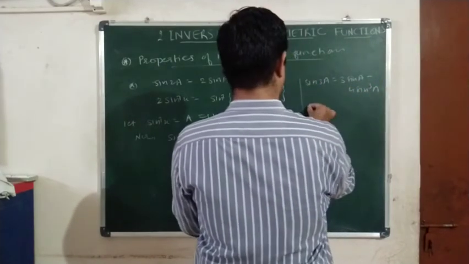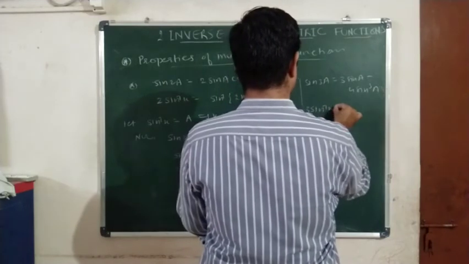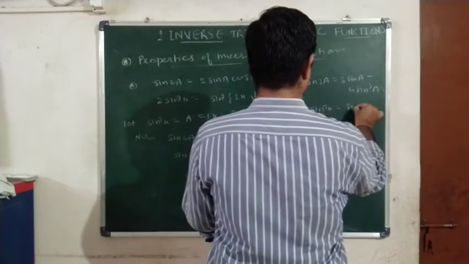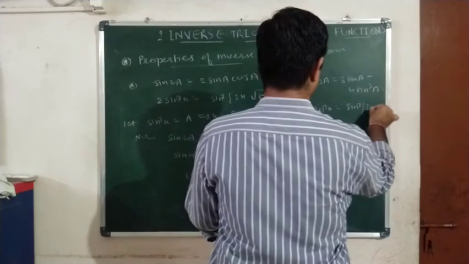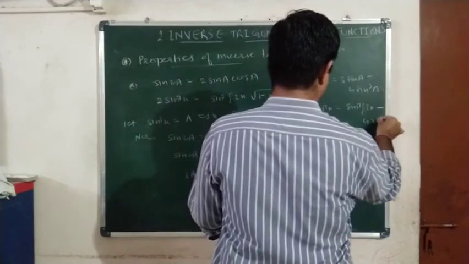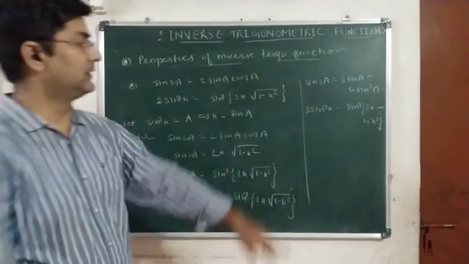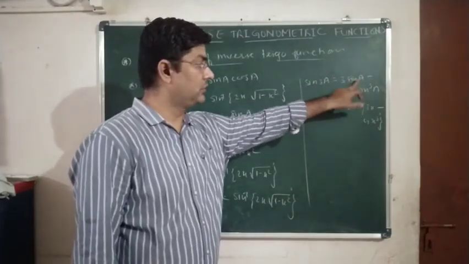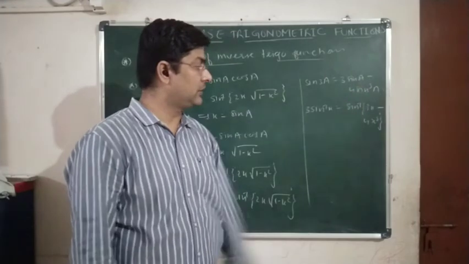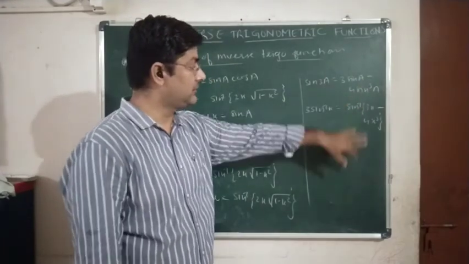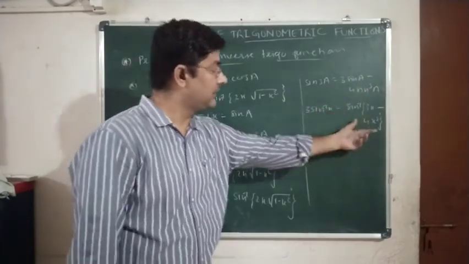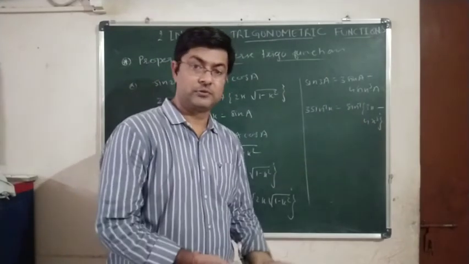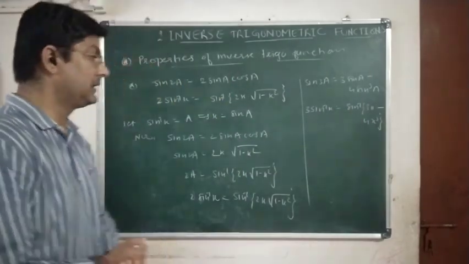So we can have the formula 3 sin inverse x is equal to sin inverse of (3x minus 4x cube). In this way, wherever you find sin a, there you put x, so 3x minus 4x cube, and outside the bracket you put sin inverse. So the property is done.